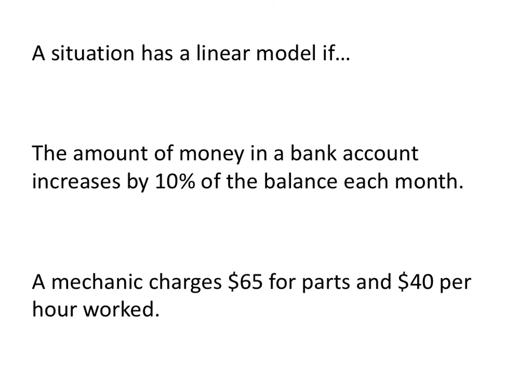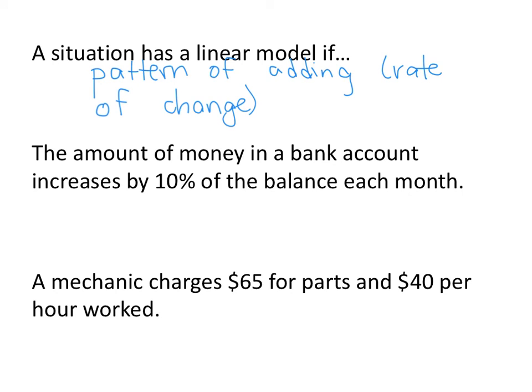A situation or a word problem will have a linear model if the situation involves some kind of pattern of adding. That pattern of adding is going to be related to our rate of change. If we talk about the amount of money in a bank account increasing by 10% of the balance each month, well, let's think about what that would look like.